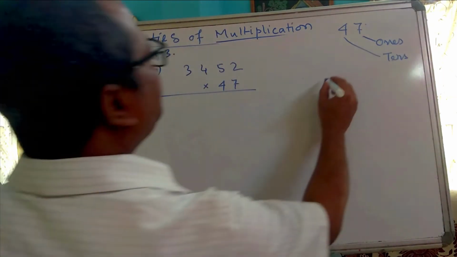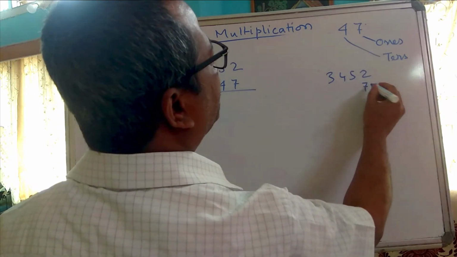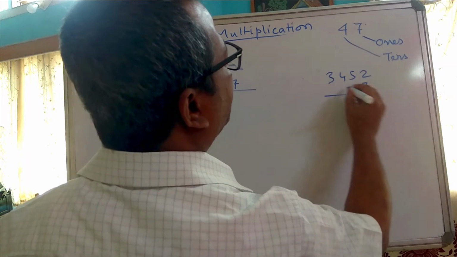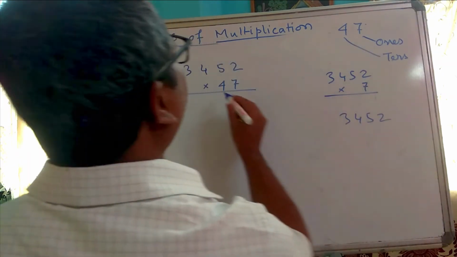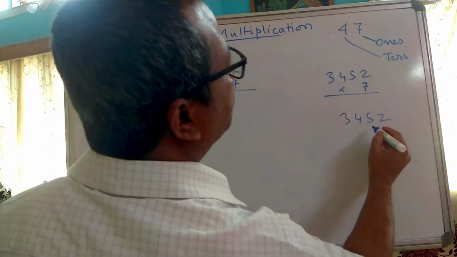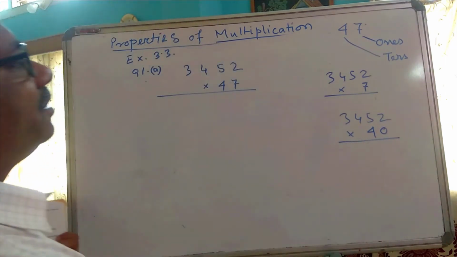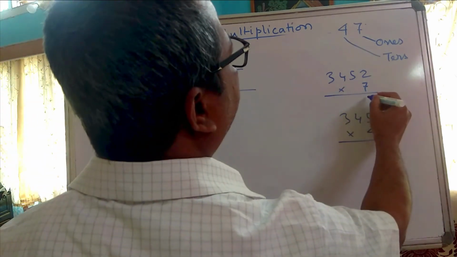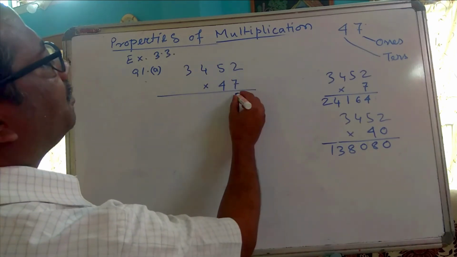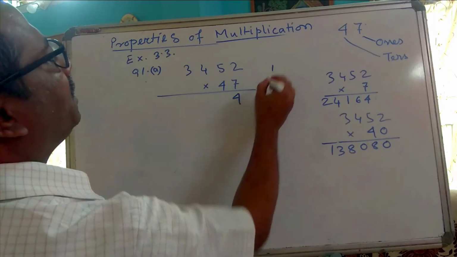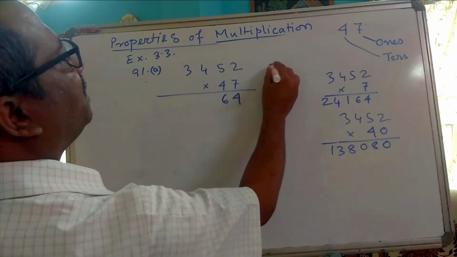So, 3452 should be multiplied first by 7 ones, which are 7, and then 3452 by 4 tens, that means 40. Multiply with 7. 7 2s are 14, 4, 1 left. 7 5s are 35, 1, 36, 3 left.